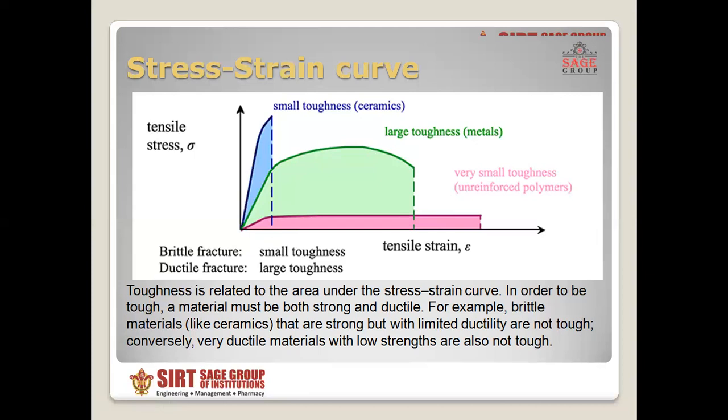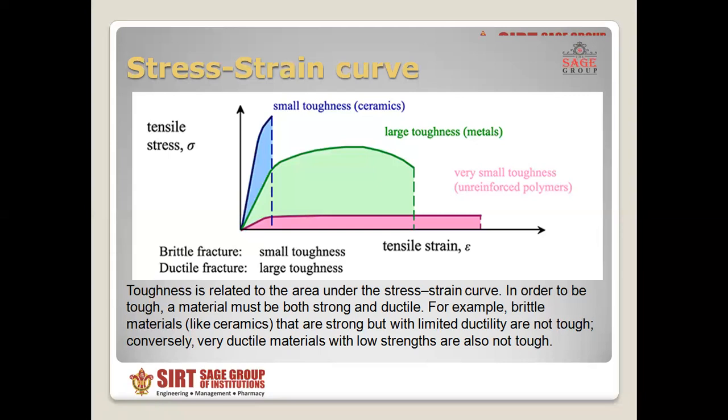So when we talk about toughness, it deals with the energy, and it is a balanced combination of strength and ductility. So if a material has good strength and ductility, then it also has good toughness.